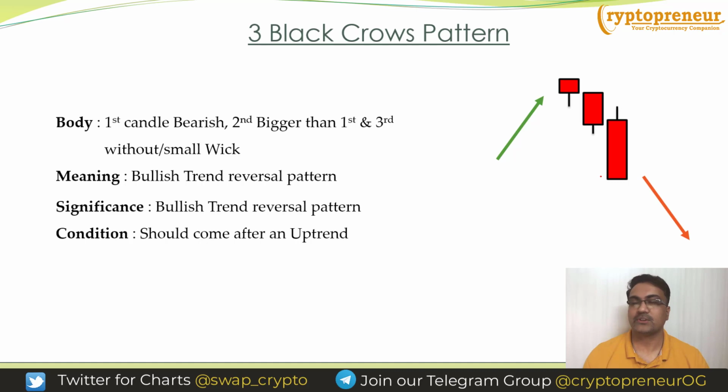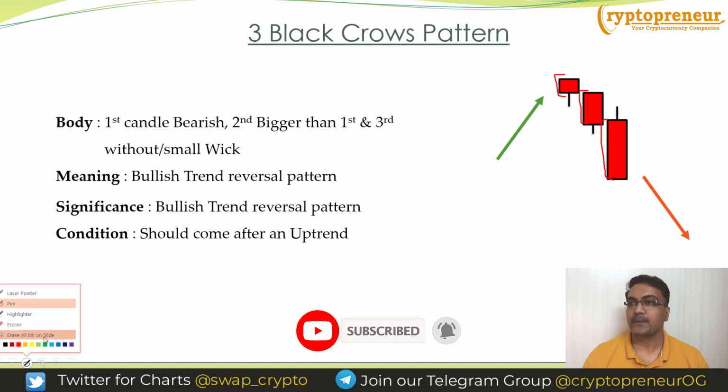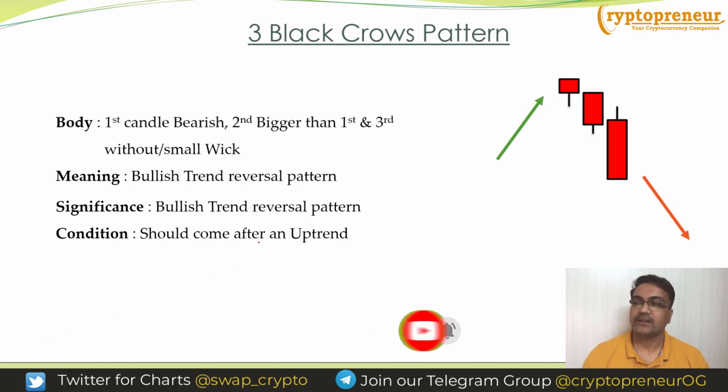When you see a dump in the crypto market, you will see a small candle initially, then a big candle, then another big candle, and this pattern is called three black crows. It won't be 100% exactly this shape, but usually you will see three consecutive candlesticks.